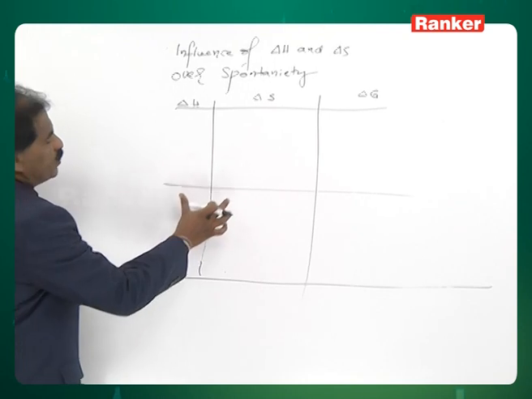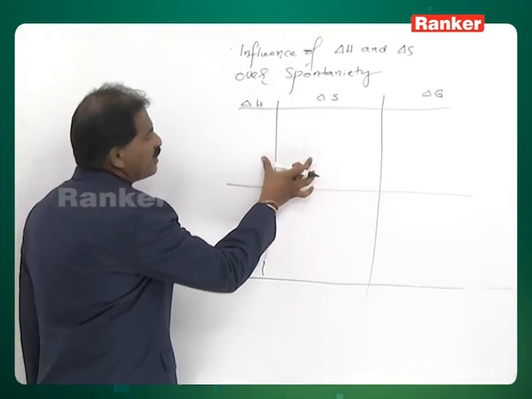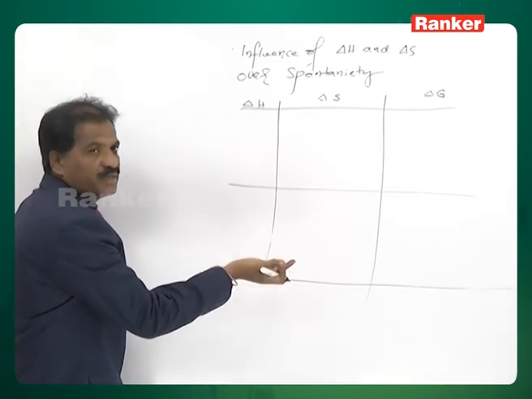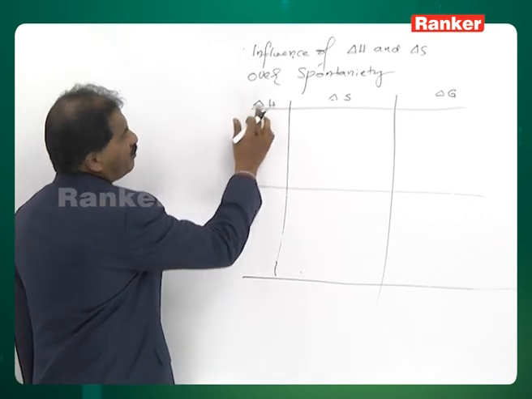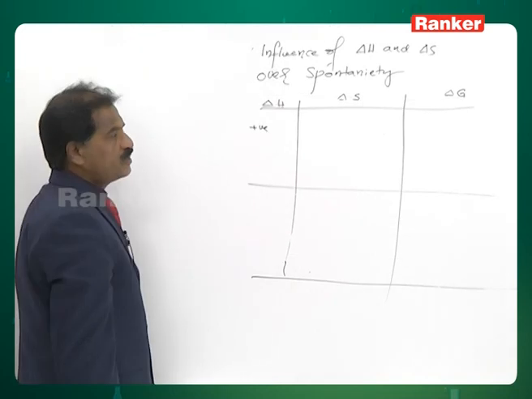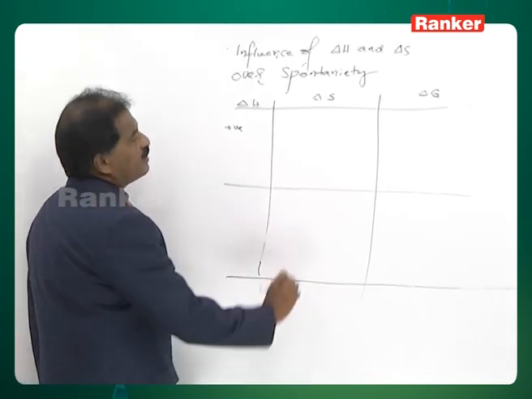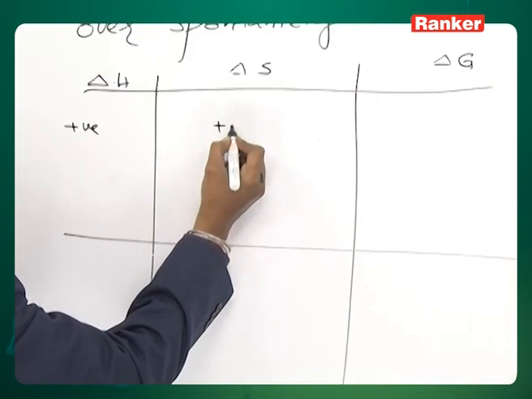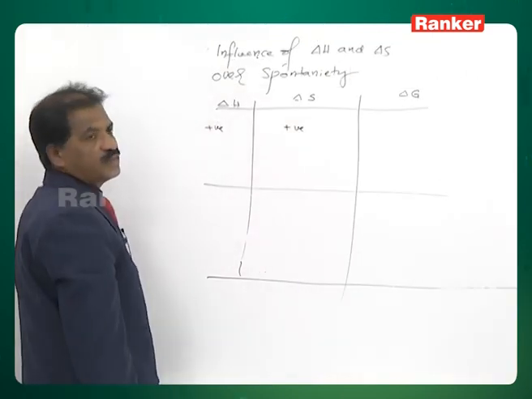Next, let us discuss the other conditions at which the reaction can become spontaneous or non-spontaneous. For example, enthalpy change is positive. Next, let us say entropy change is also positive.